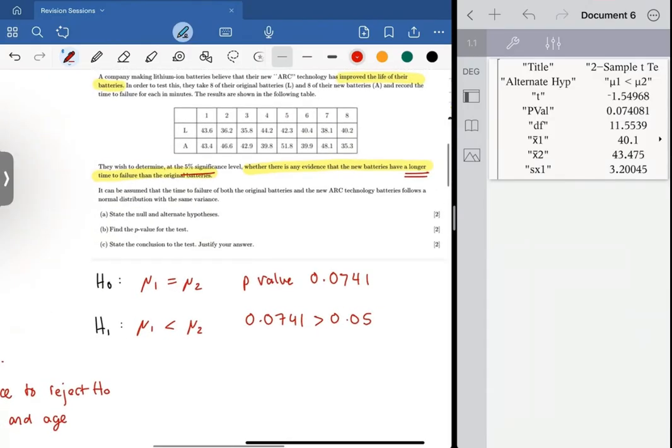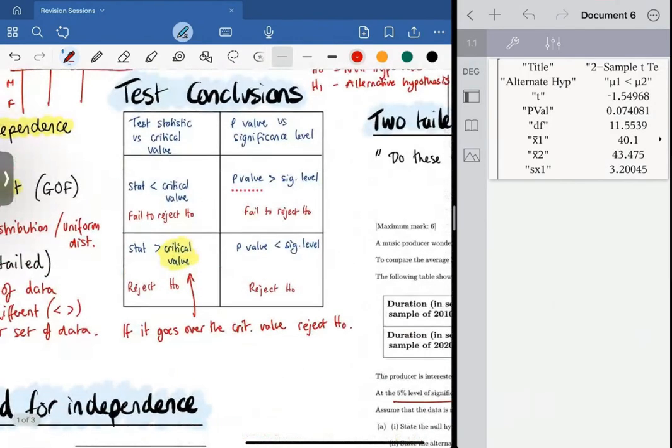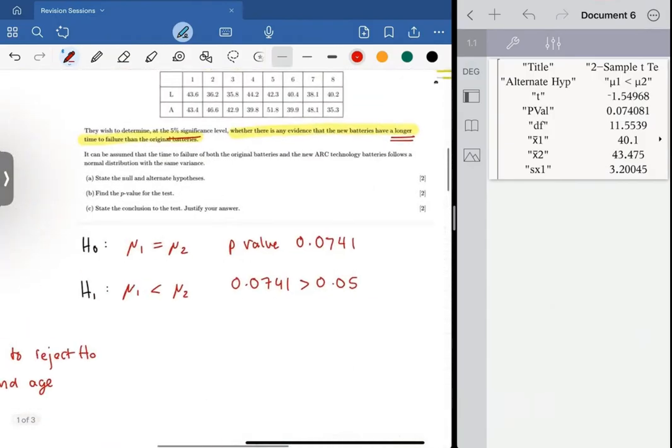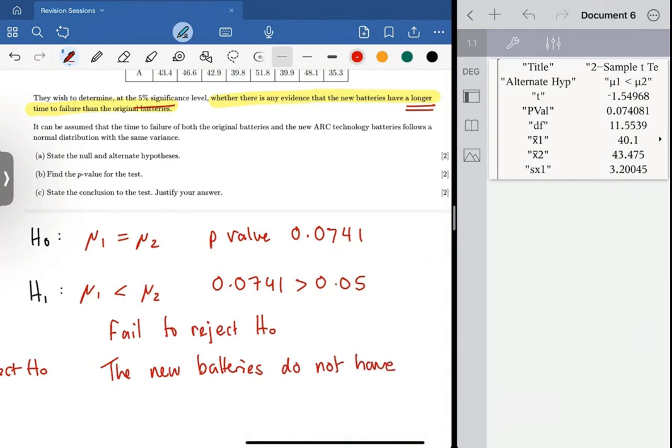So let's check. The p-value is bigger than the significance level. So again, we're going to fail to reject H0. So the new batteries do not have a longer battery life.